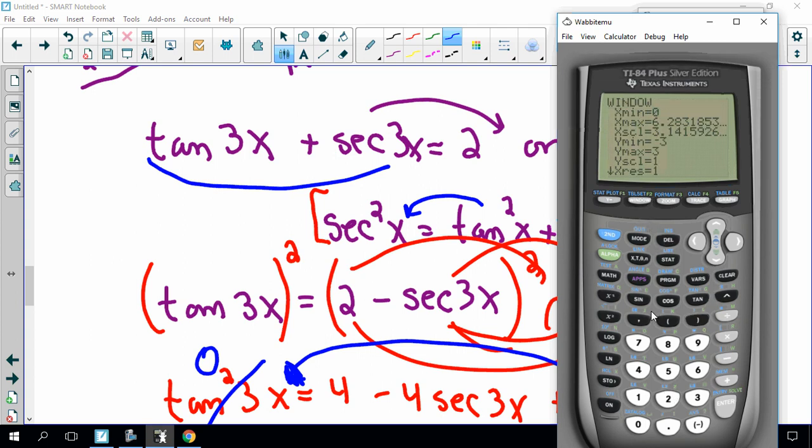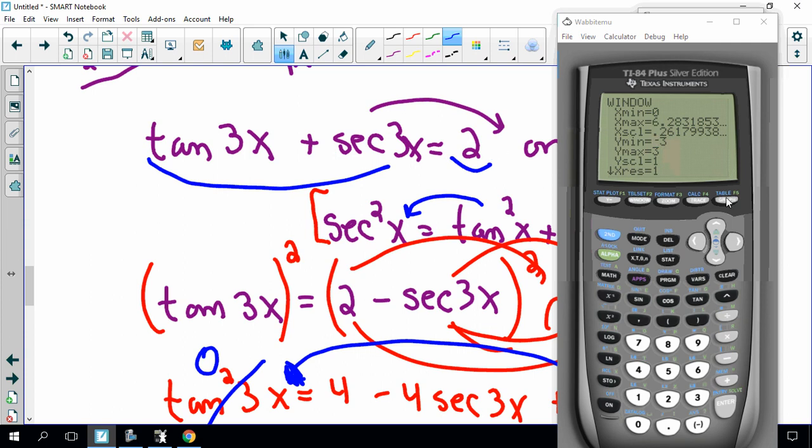Window 0 to 2 pi, going by pi over 6, or pi over 12s. It doesn't matter, but my ticks are basically every 15 degrees because pi over 6 is 30, pi over 12 is 15. And I really don't know where to set my scale except for the 2 is a horizontal line.